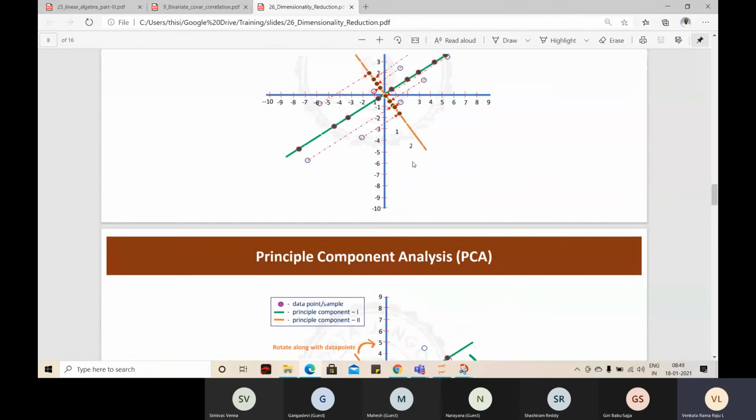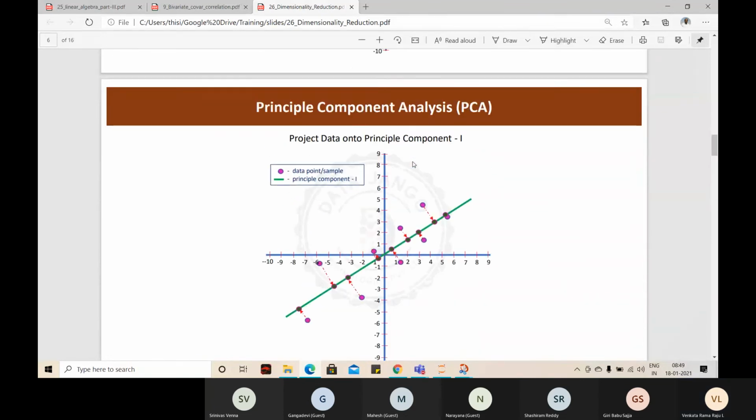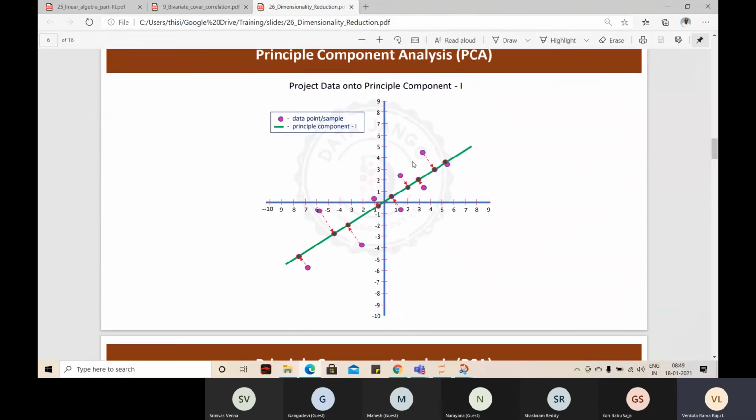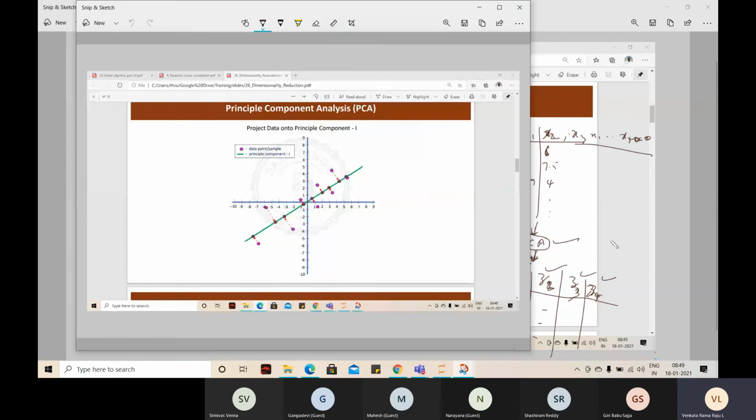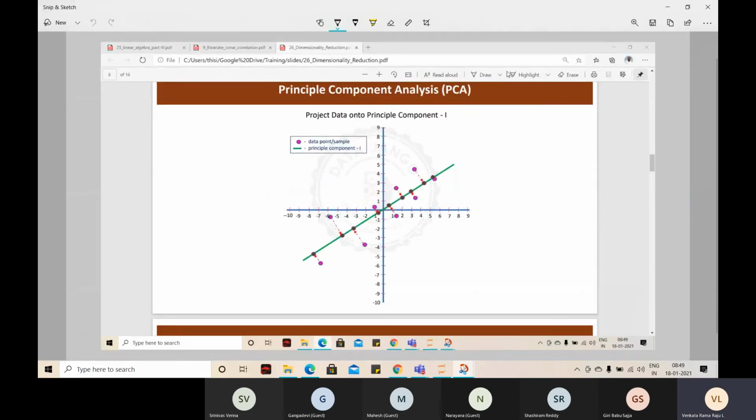So if you look at this diagram carefully, the original data point here, after centering it, is 3.5 and 4.5. This is the original data point, or after centering it, it is 3.5 and 4.5.